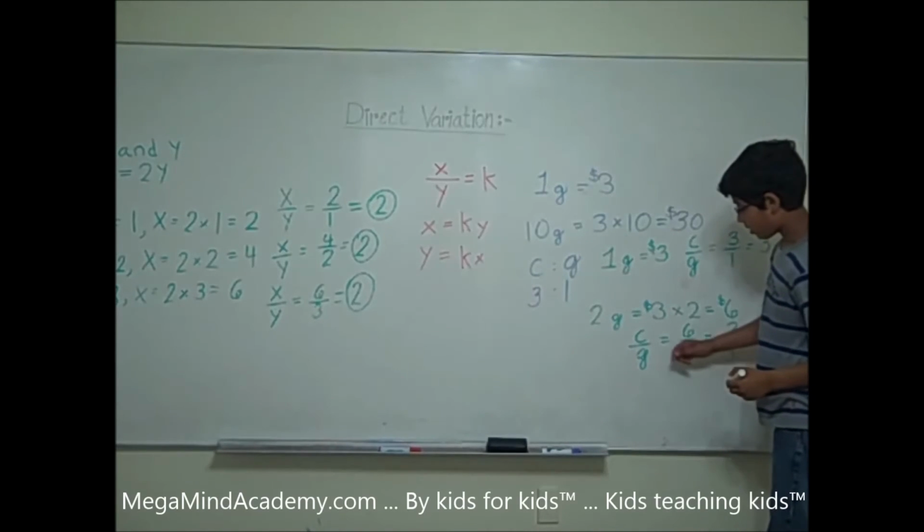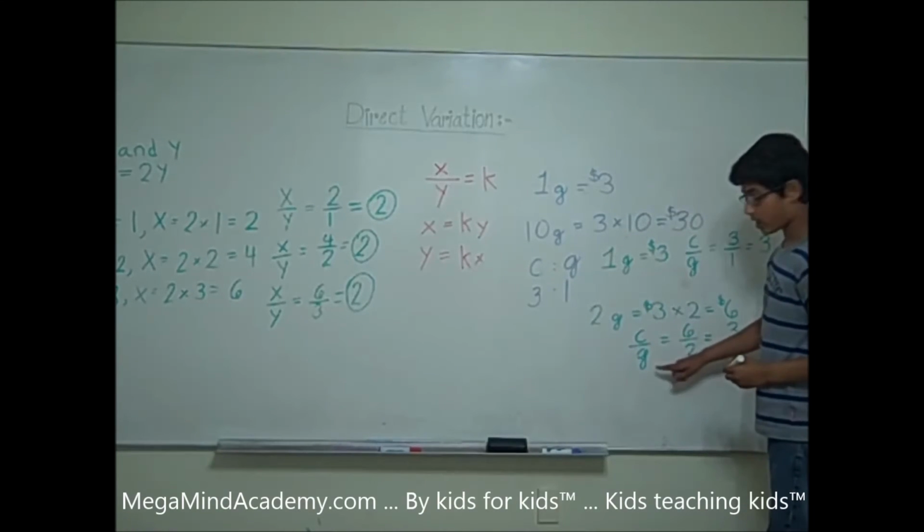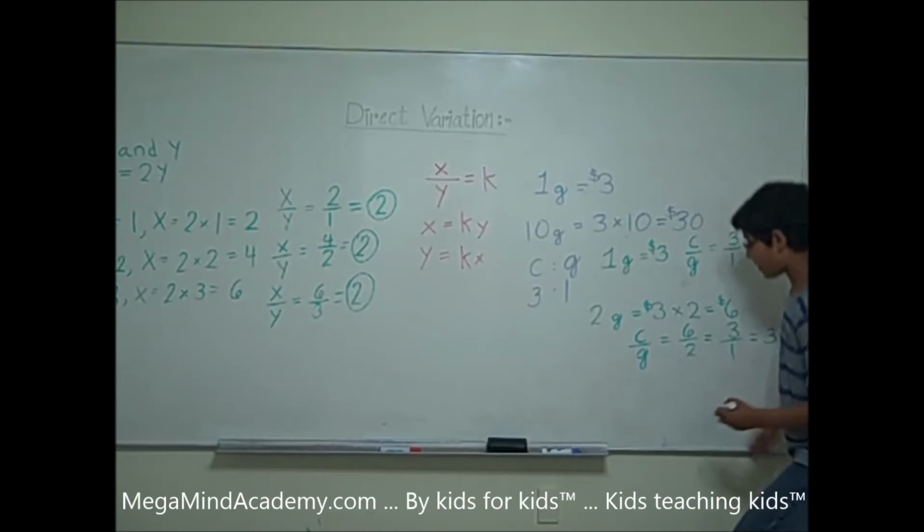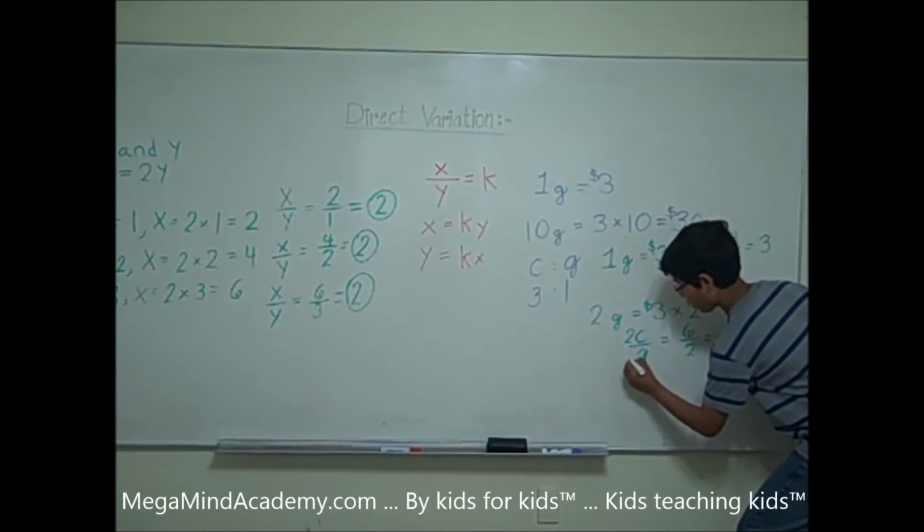Well, this is actually 2C over 2G, because we have twice as much the cost, because we have twice as much the number of gallons. So 2C over 2G.